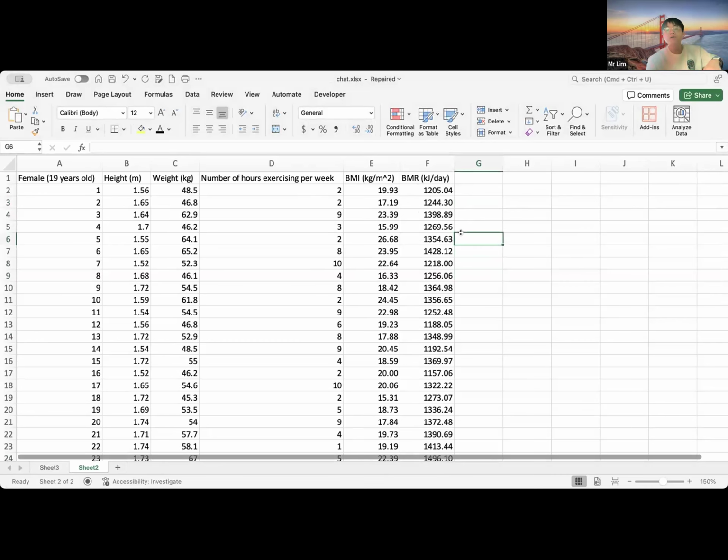Okay, now we have already done task 1C. Now you are going to generate some suitable graphical plots for this data. This one has many options actually, because you have many data here.